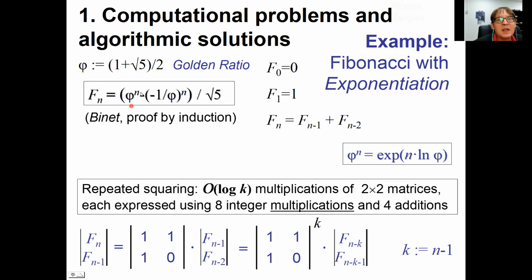And again, this exponentiation can maybe be expressed using our repeated squaring, using log n multiplications of phi, the golden ratio. But observe now we're not talking about addition and multiplication of integers anymore. So we have subtraction. Here we have repeated multiplication. Here we have even division, but not of integers, because the golden ratio is not an integer. It's not even a rational number. It's an algebraic non-rational number.